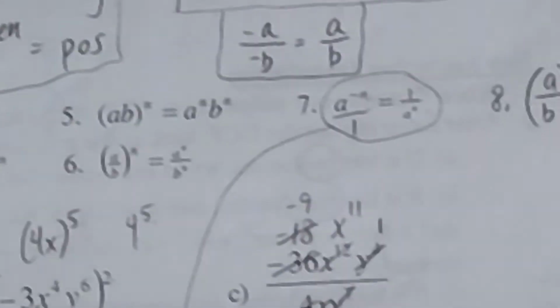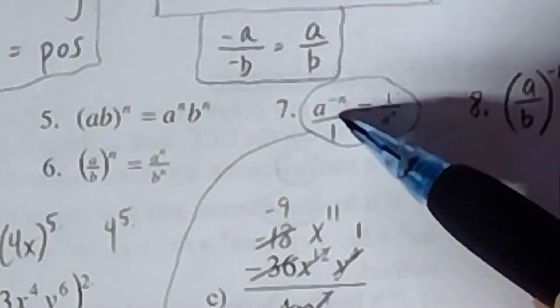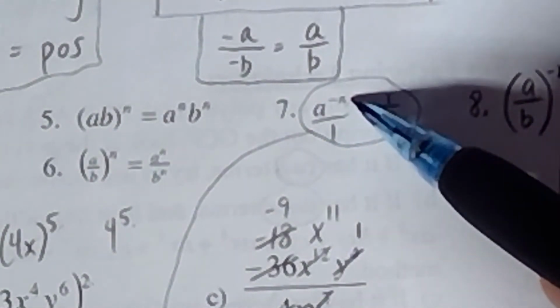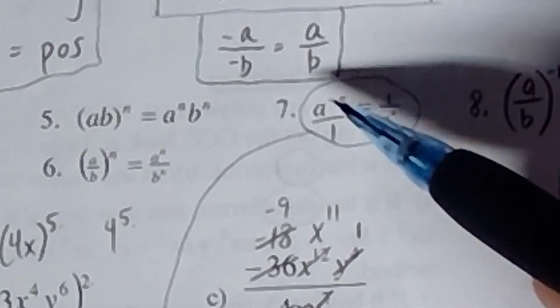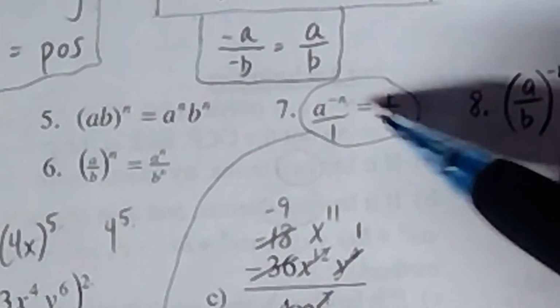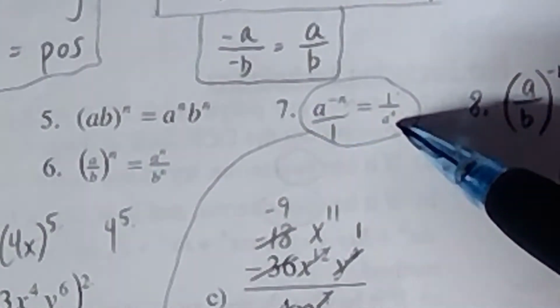Let me zoom in there a little bit closer. So let's do that here in this problem. X to the negative 1 would be 1 over x to the first. Because the negative 1 becomes a 1, the x would stay the same just like the a does here. And so x to the negative 1 becomes 1 over x.